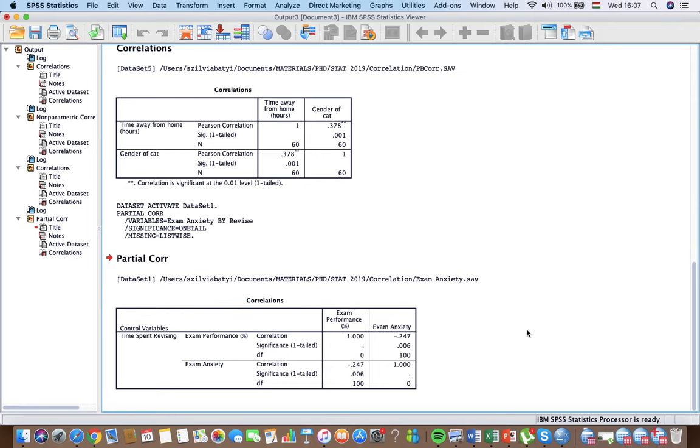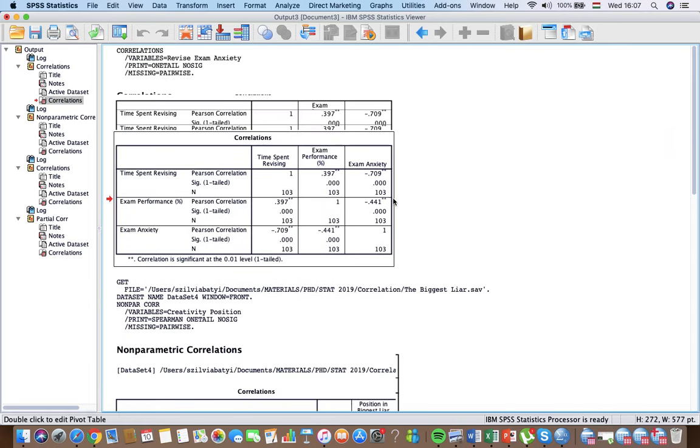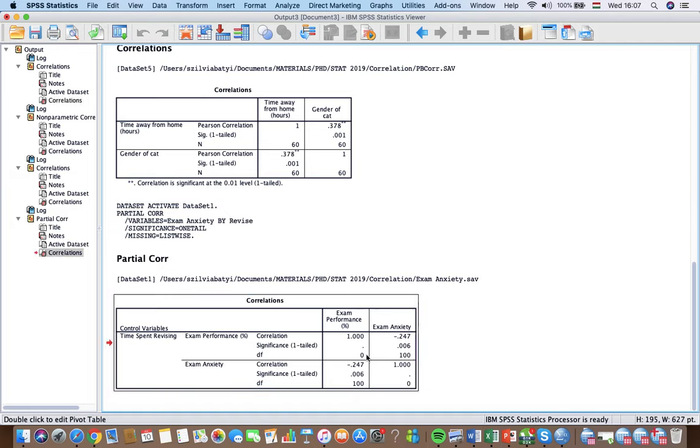So remember, previously we had a result of minus 0.441, which was around 19.4% of the variation. And now if we take revision out of the equation, then you will see minus 0.247, a significant correlation between the two, negative, but it's half of the correlation, so the relationship almost diminishes.